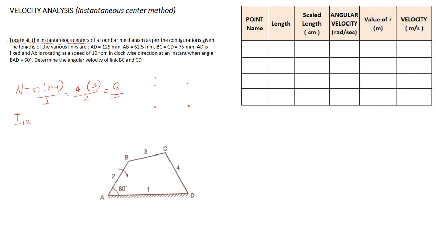Why these 4 points? Each point corresponds to each link. If you have 6 links, you have to spot 6 points. Naming these points will be in cyclic order: 1, 2, 3, 4.